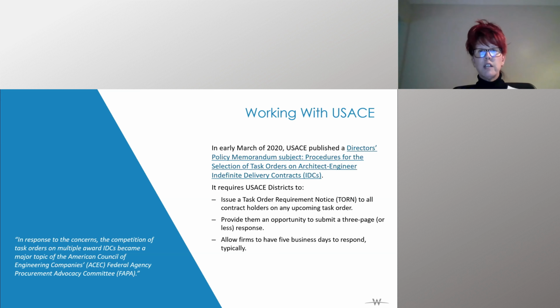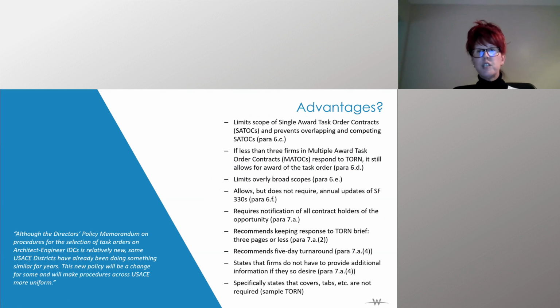Firms would typically have on or about 5 days to respond. Good or bad, without reading through all of these newer policies, this is intended to help make procedures across the Corps more uniform.